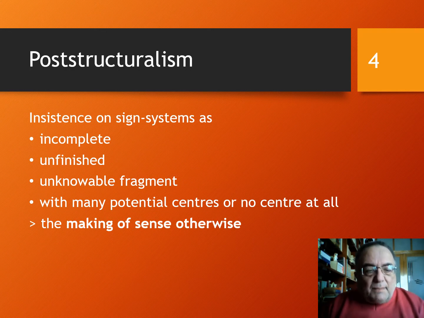The meaning is made up in a different way, sense otherwise. So, if in the case of structuralism, the meaning was achieved by all of these elements taken together, in the case of poststructuralism, meaning is achieved by taking into consideration these elements, these constituents, individually.